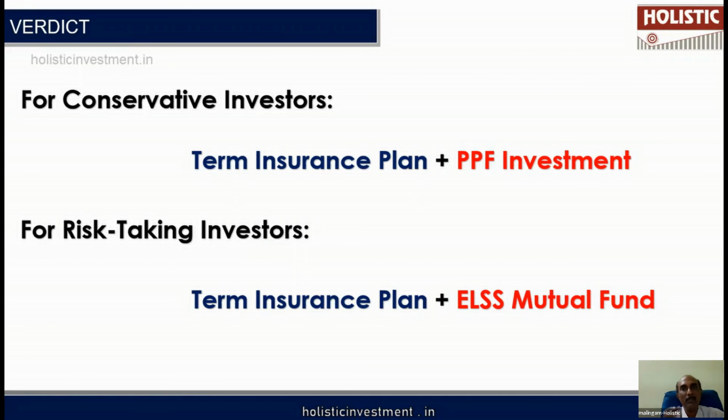If you are a conservative investor not willing to take risk, you can consider. Or if you are an aggressive investor who knows about stock market ups and downs, you are comfortable, like staying the course for 7 years, 10 years, then you are an aggressive investor, risk-taking investor. Then you can choose the combination of term insurance plus ELSS mutual fund option.